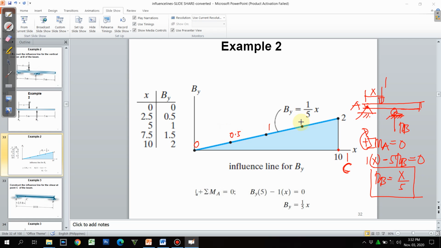At 7.5, we have 1.5 value. So it is represented really by a straight line here. As we can see, this slide also presented the equation in which we will just have to substitute your x.